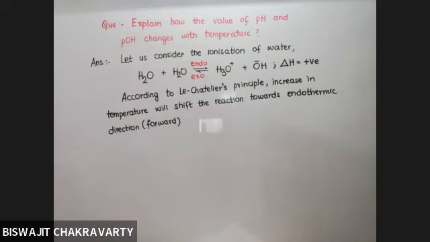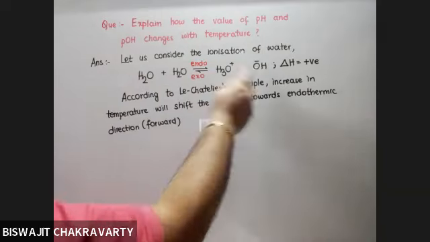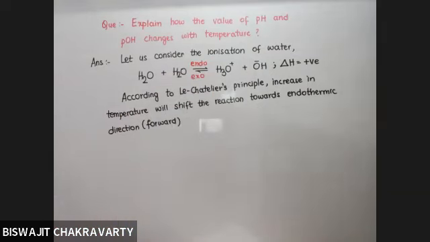And if the reaction proceeds more in the forward direction, there will be an increase in the concentration of both H3O plus and OH minus. If H3O plus increases, what will happen to the pH? Increase or decrease? Decrease. Why?